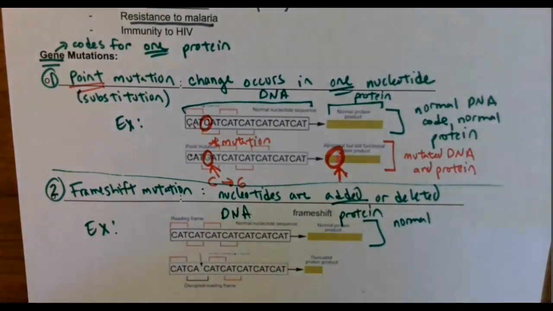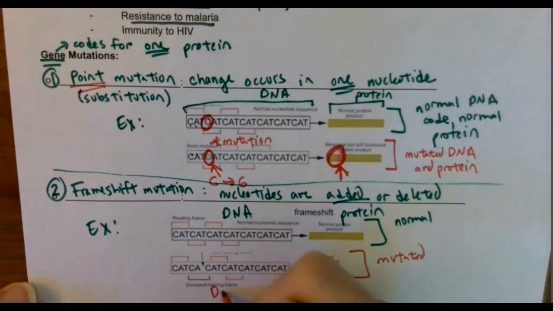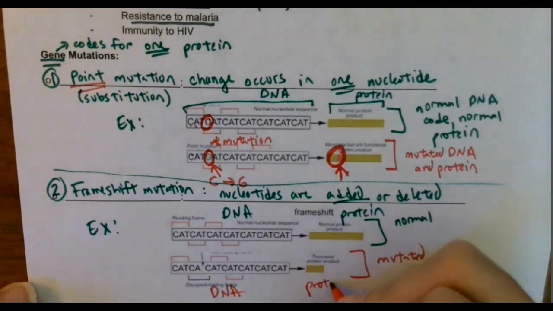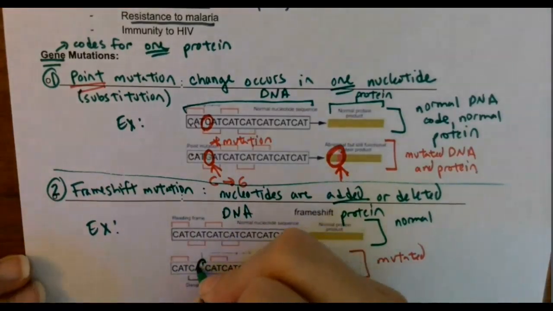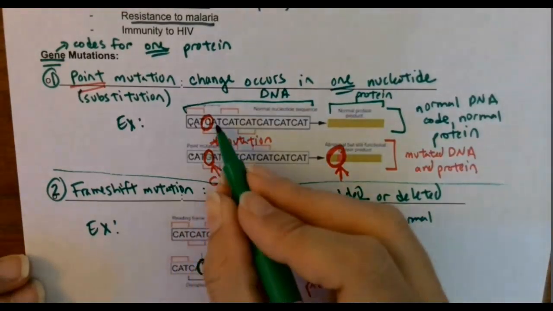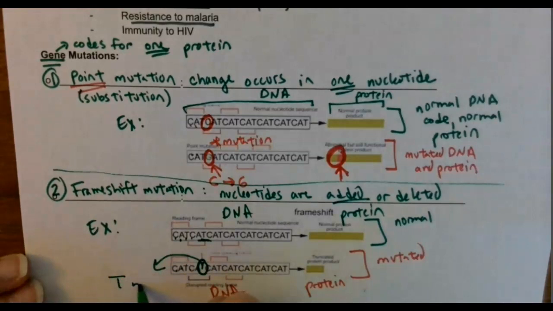Here is the mutated DNA and protein. You can see here's the normal DNA sequence, but right here, sorry, let me look, C-A-T-T-C-C-A-A. This T in the normal DNA has been deleted.